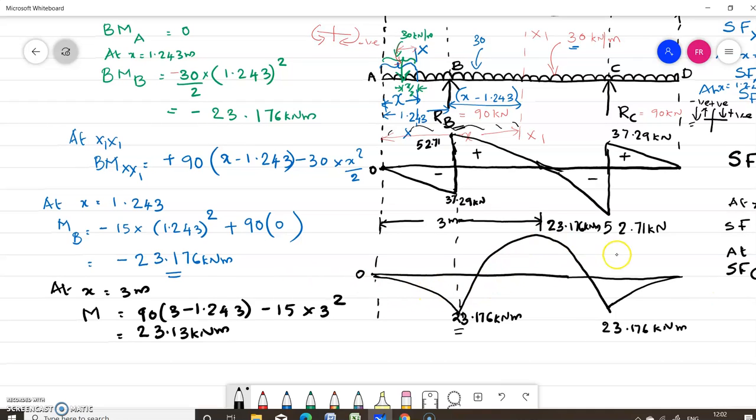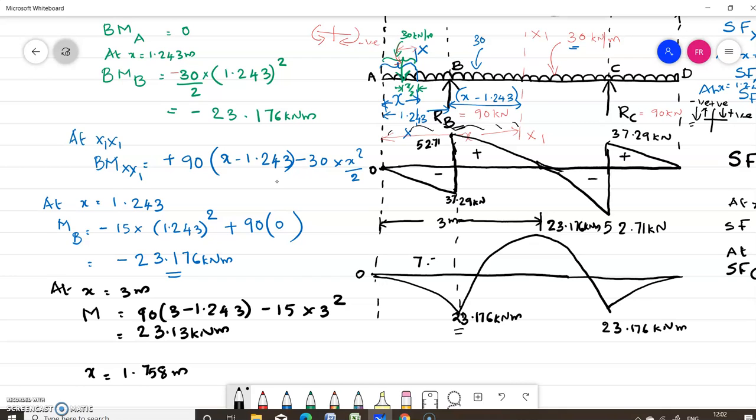So you can draw the bending moment diagram like this, and you can find out what is the point of contraflexure. That is the point at which the bending moment crosses the x-axis, by equating the equation for bending moment for this section to 0. That is this equation to 0. So by equating this equation to 0, you will get the point of contraflexure x equal to 1.758 meter.